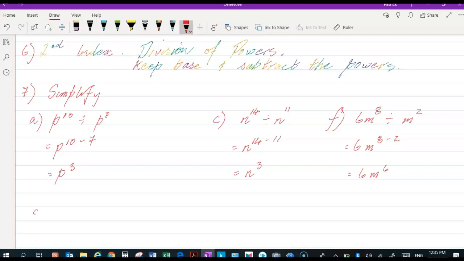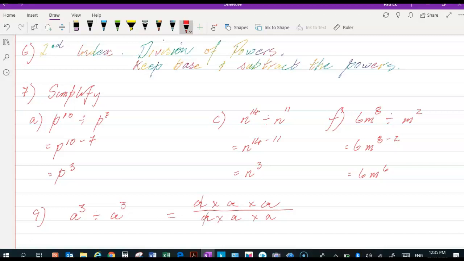Let's have a look at that. Question 9. A to the third divided by a to the third. And this leads us to another index law. So we'll do a times a times a over a times a times a.